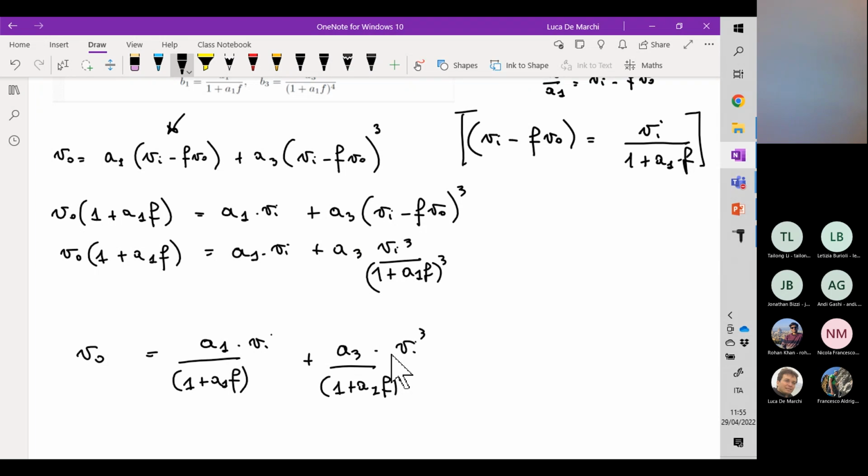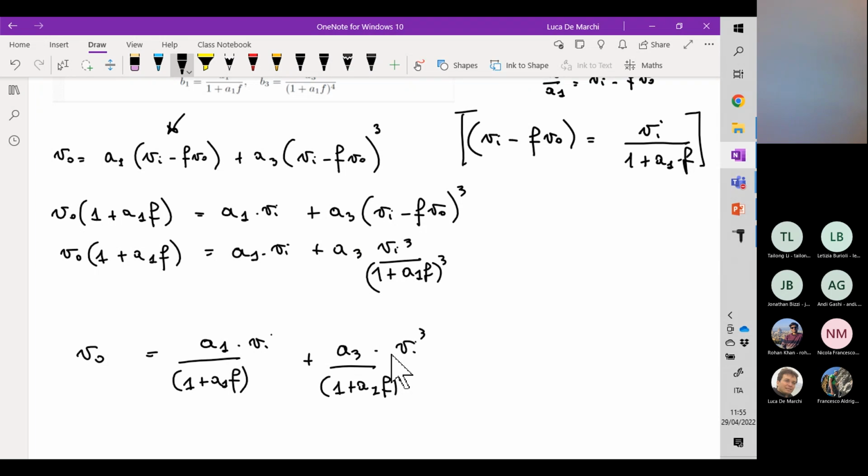Okay, so we can easily check the fact that the new input impedance is the original one of the pure amplifying stage, so little z sub I, times 1 plus F times A.